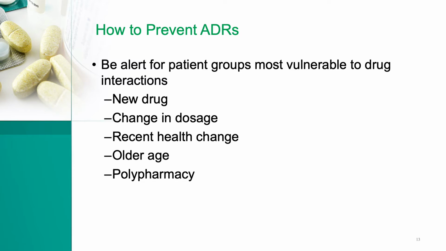For example, an additional CYP450 enzyme inhibitor or inducer, or increased renal impairment. Older age and polypharmacy are risk factors for clinically significant drug interactions. Over 80% of patients taking 7 or more drugs are at risk of a drug interaction.